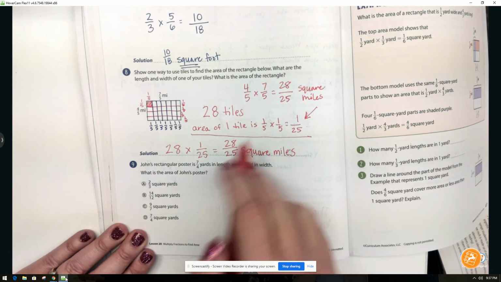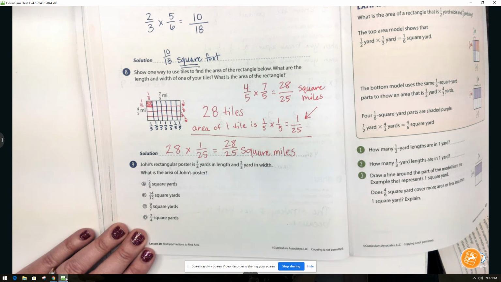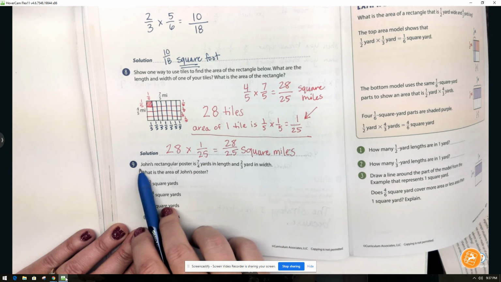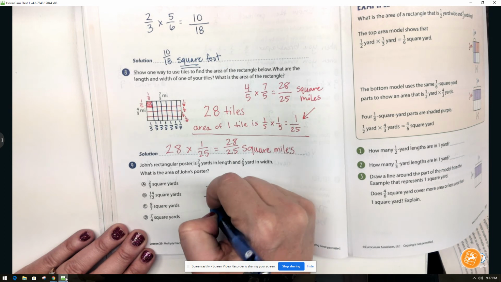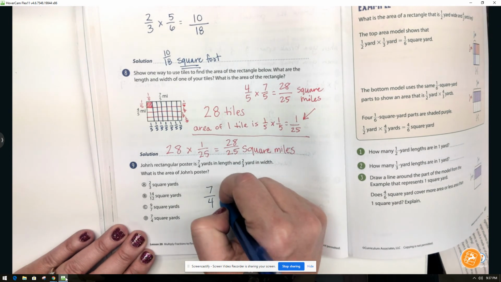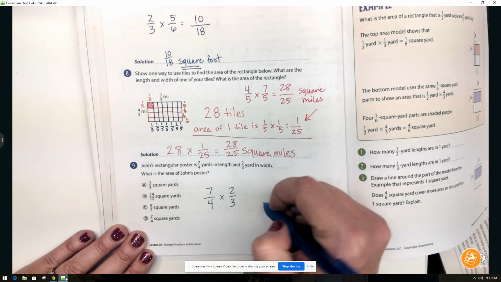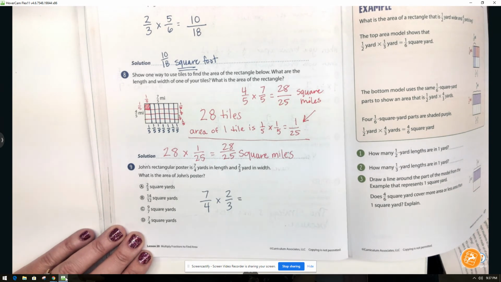Now for number 9, because we just went through all of that and I'm sure your brain is completely fried, we're going to go ahead and just use the equation to solve this problem down below. John's rectangular poster is 7/4 of a yard in length and 2/3 of a yard in width. What is the area of John's poster?